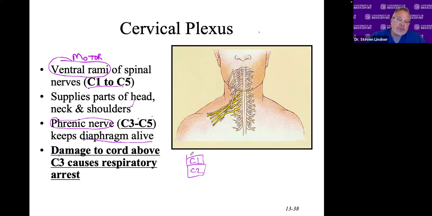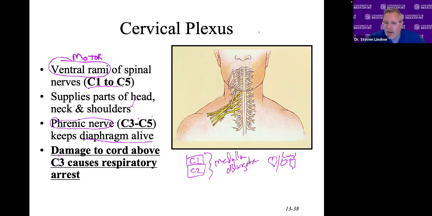But damage above C3, meaning C1 and C2, can cause respiratory arrest primarily because the medulla oblongata is protected by C1 and C2, and this is the respiratory and the cardiac control center. So the heart and the lungs are controlled from this area.